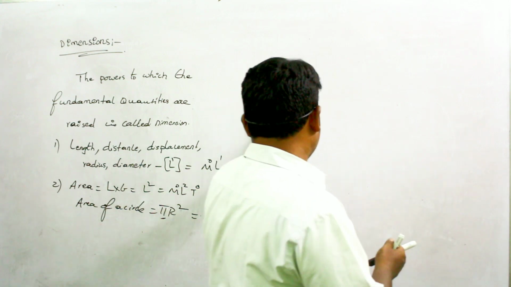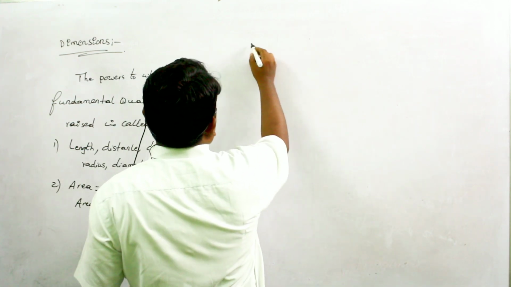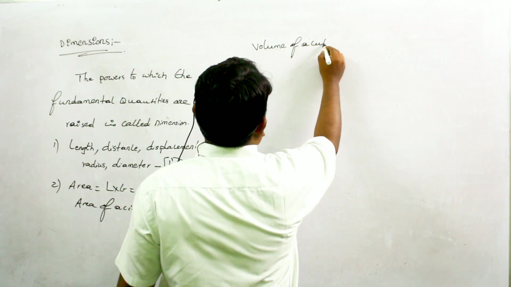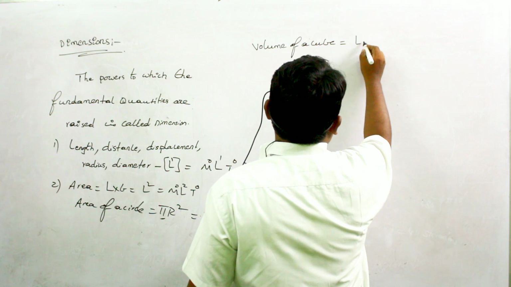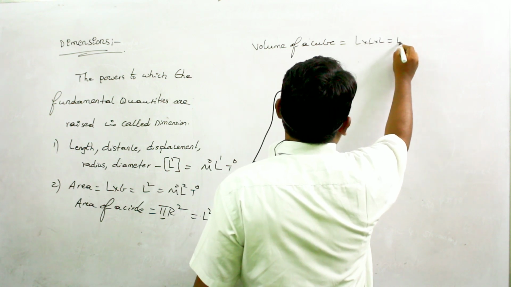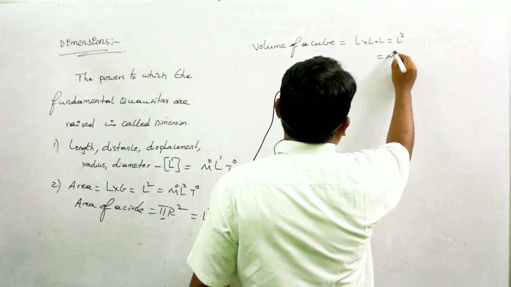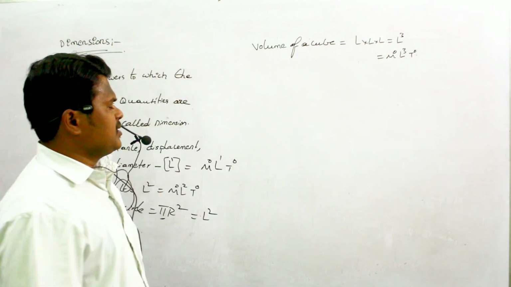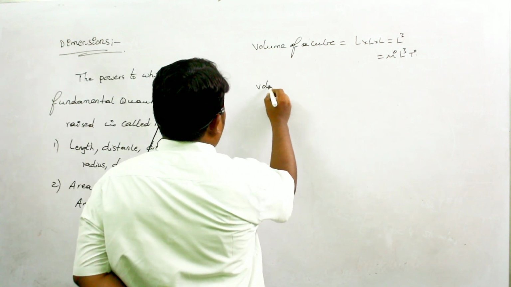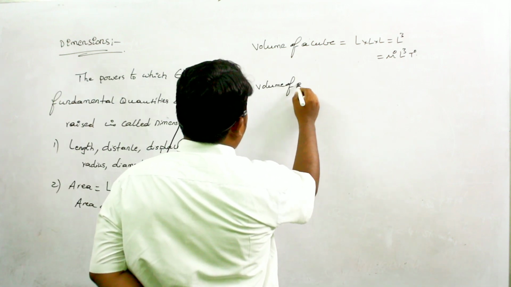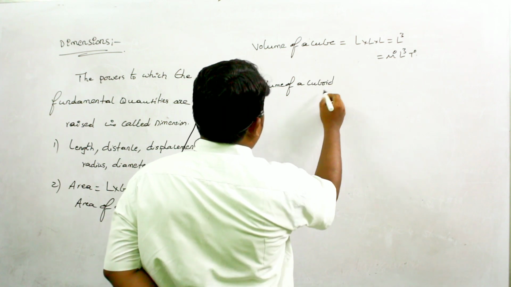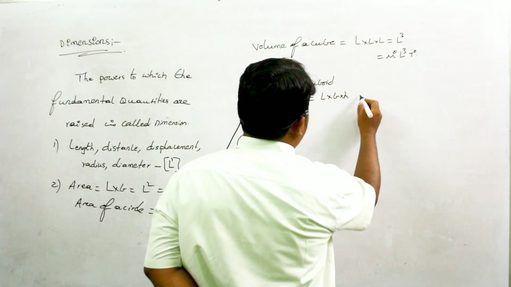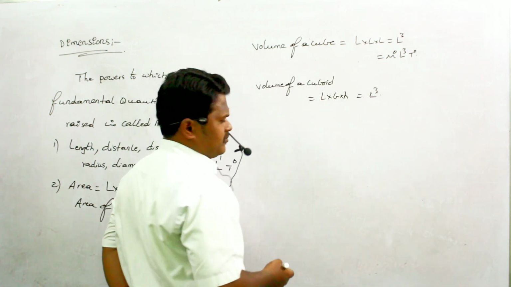For example, if I study the volume of a cube, then I can say it is L into L into L, that is L cube dimension, or I can write M power 0 L cube T power 0. So this is the dimension of a cube. Similarly, if I write the volume of a cuboid, then it will have a dimension of length into breadth into height, and again it will have a dimension of L cube itself.